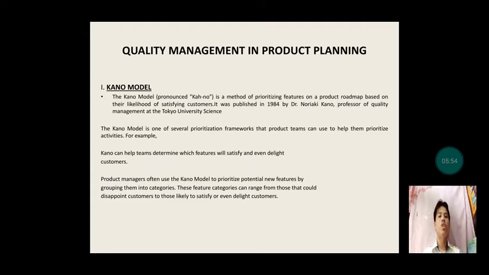So in the Kano model, they will find different features of a product that can satisfy or delight customers, or worse, result in dissatisfaction or disappointment from the customers.